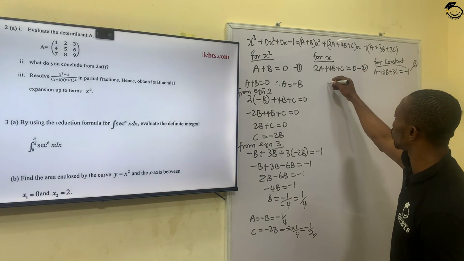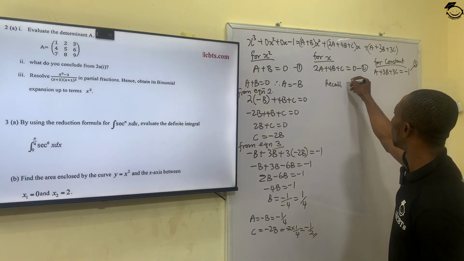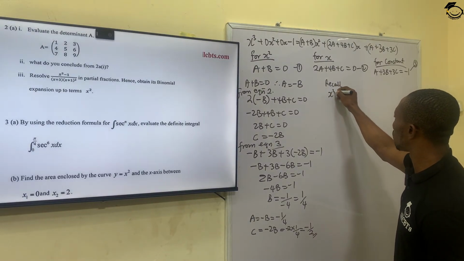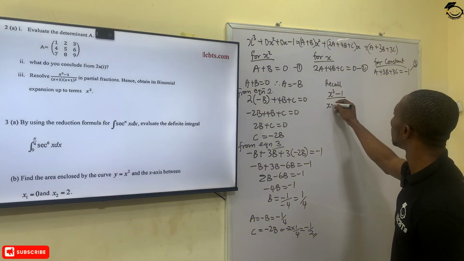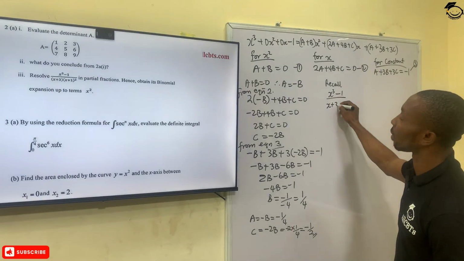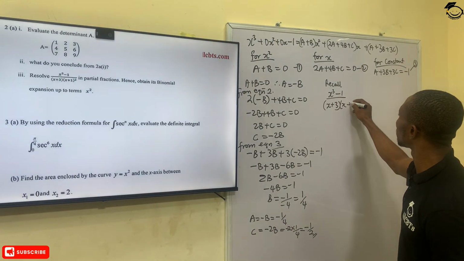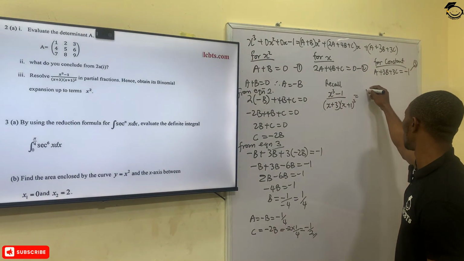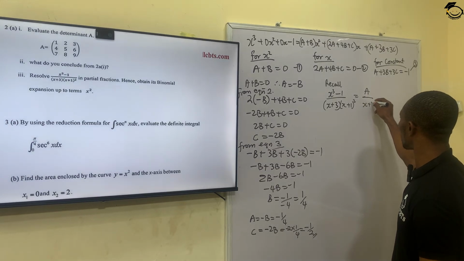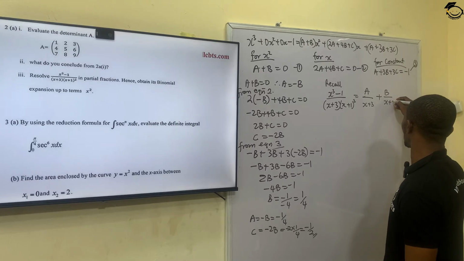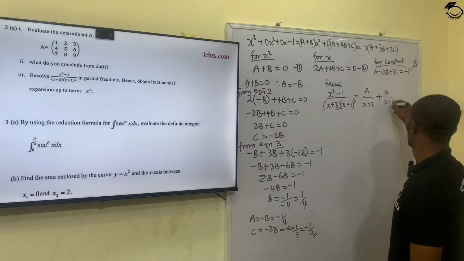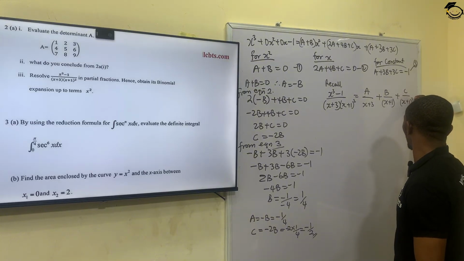So back to our equation, recall that we have it as x cubed minus 1 all over x plus 3 times x plus 1 all squared equals a over x plus 3 plus b over x plus 1 plus c over x plus 1 all squared.